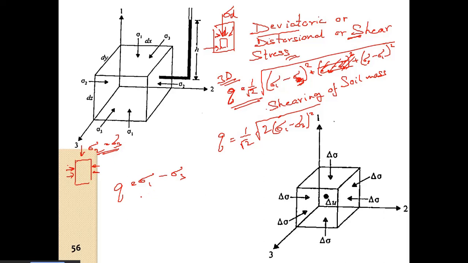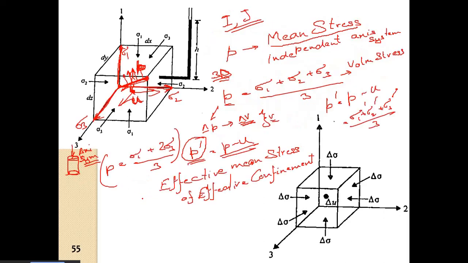Now here you see, if it is undrained condition, change in delta P will result in delta U. Alright.